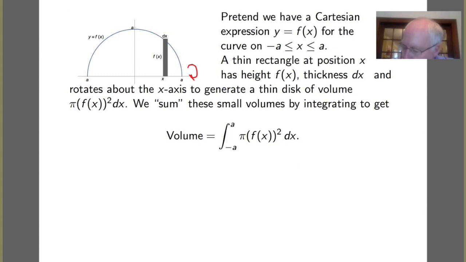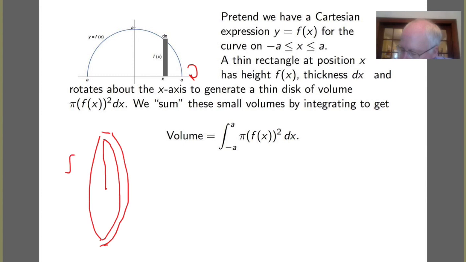When this rectangle rotates around the x-axis, of course it generates a very thin disk of radius f of x and thickness dx. And the volume of that thin disk turns out to be pi r squared. The radius r is f of x times the thickness dx.